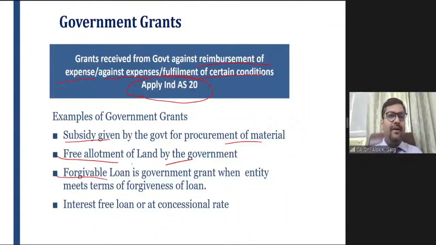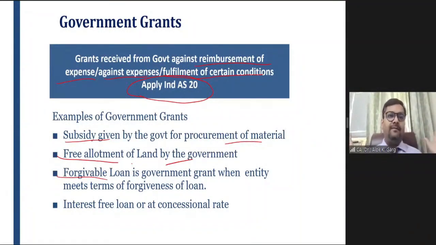You must have heard in the news that the government has waived off the loan to the farmers. If you have gone for a bank audit, then you have seen that the government has waived the loans of this particular set of entities. So forgivable loans means the government will give the loan, and after compliance with certain conditions, the government will forgive the loan.